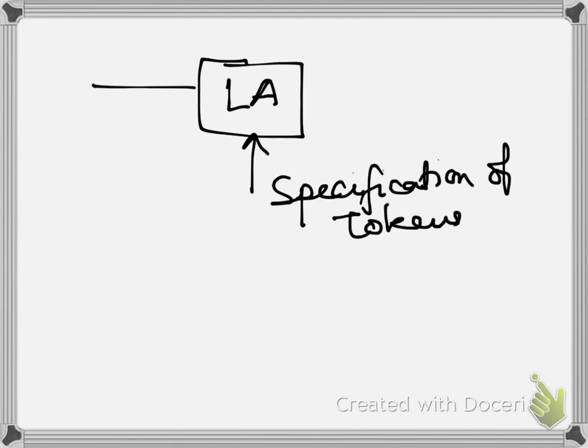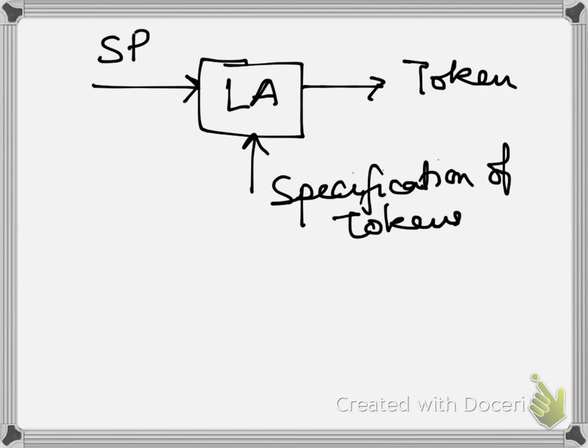Based on this specification and the input source program, it checks if the characters in the input program match the specification. If it matches, it generates the token for it.